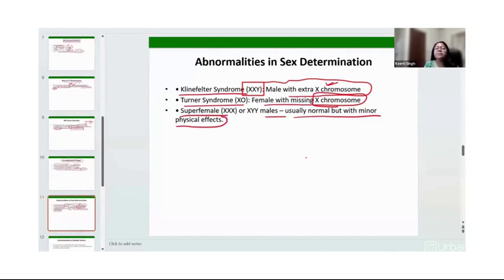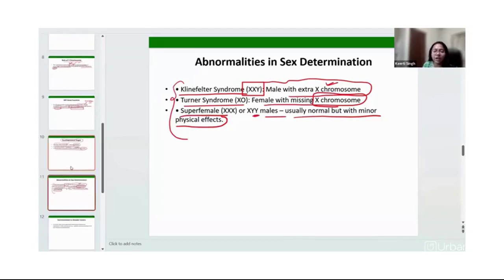Because you already know the presence of Y, or the presence of the SRY gene, is actually going to give some kind of male characters, right? So if it is present in more than one amount, of course, some kind of physical character will be there, right? So these three are the persons who are born with some extra chromosome, whether it is X or Y, or with the absence of a chromosome.